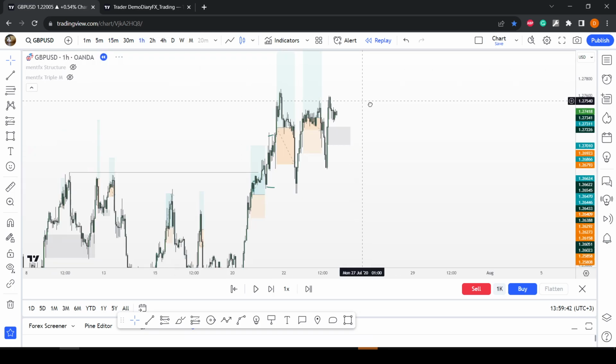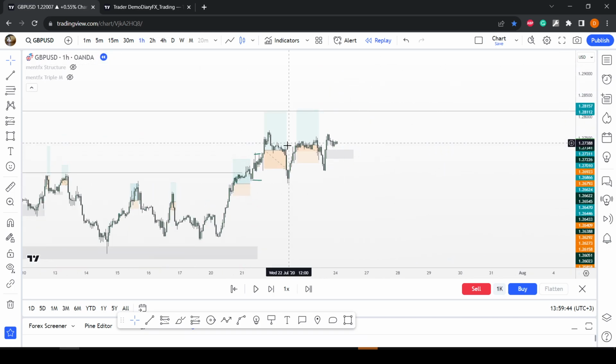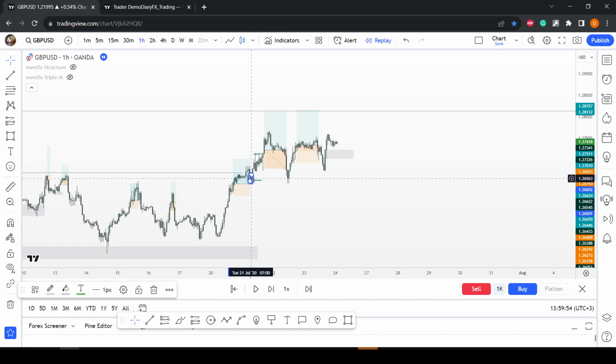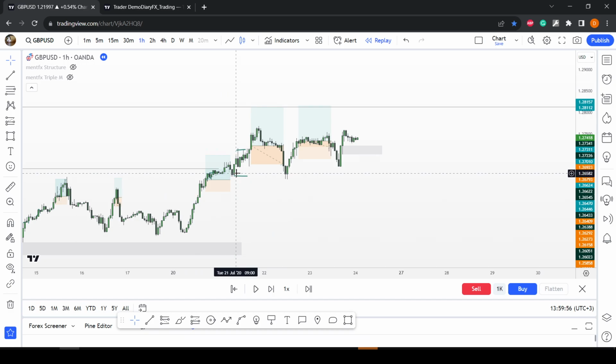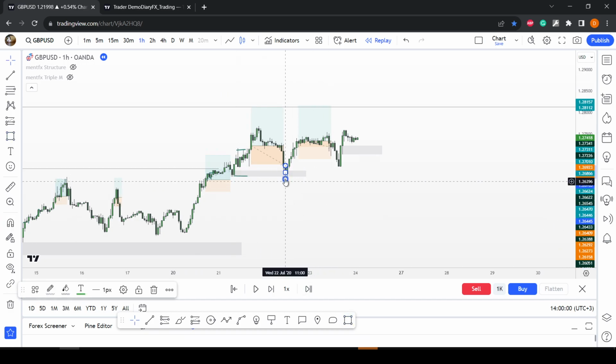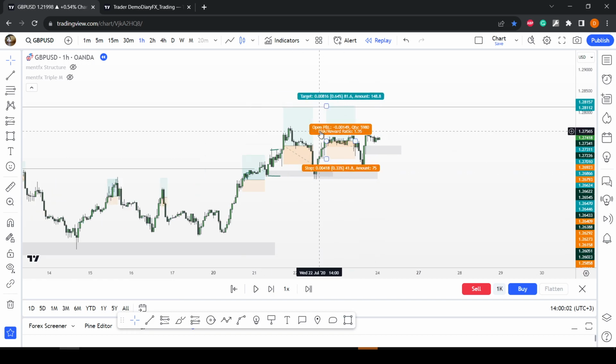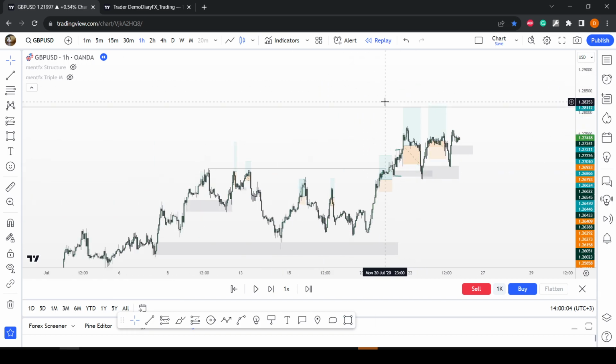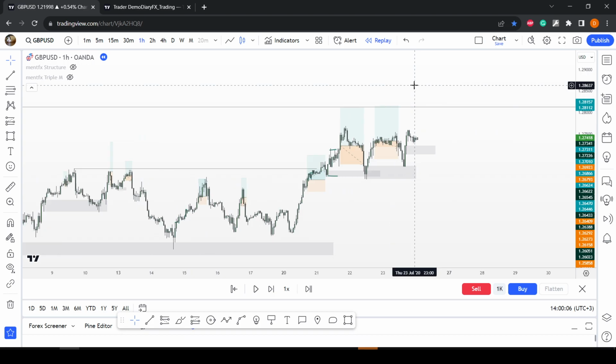What we have in terms of 1 hour. 1 hour is starting to hold. As you can see, you have this zone. This zone. And we have all these highs to break and to reach daily highs.